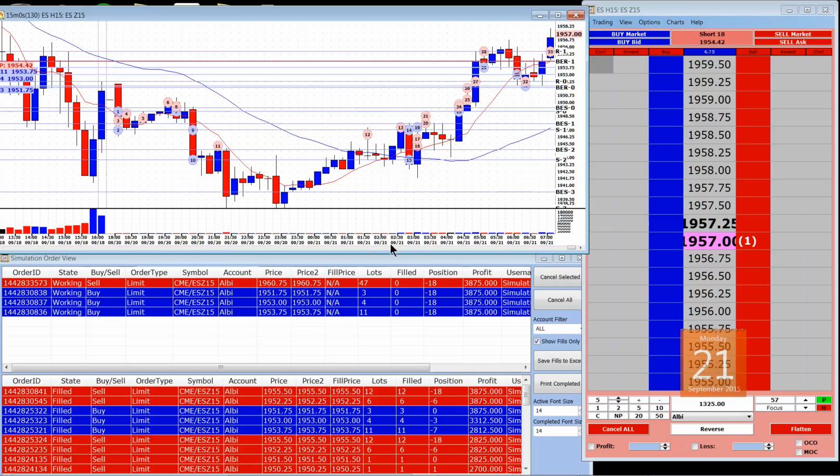And this is the volume of how many actual trades were done at this candle here, or this time frame. And you can see how it was a lot of volume here, but as this is actually Friday's trades, and this is Sunday afternoon, and this started again at 6 o'clock.